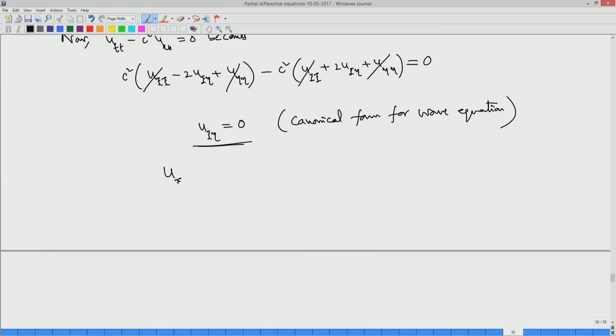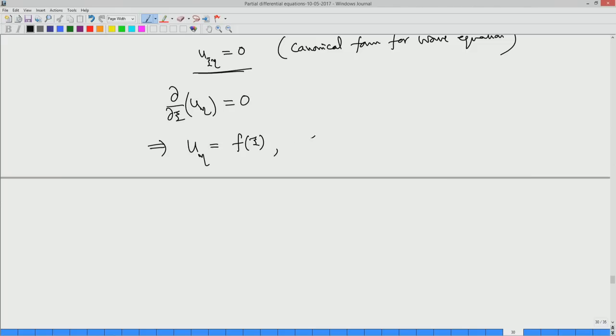You see that u_ξη, if you differentiate, you can rewrite as ∂_ξ of u_η equal to 0. Now, if you integrate, you see that u_η equals some function of ξ, where f is an arbitrary function.